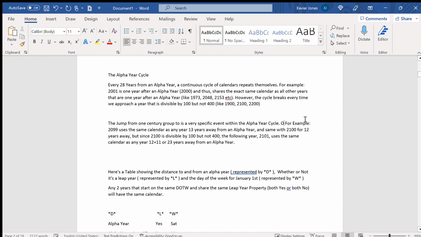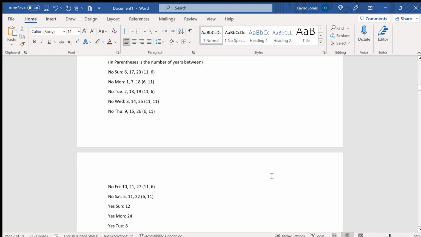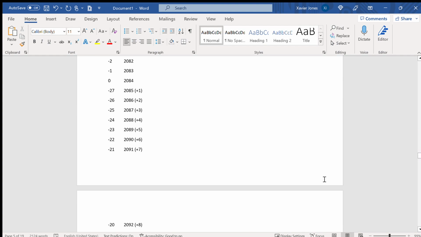For specifically the century group spacer, the cycle will jump back 5 years, which should make sense. Because 18, hold on.